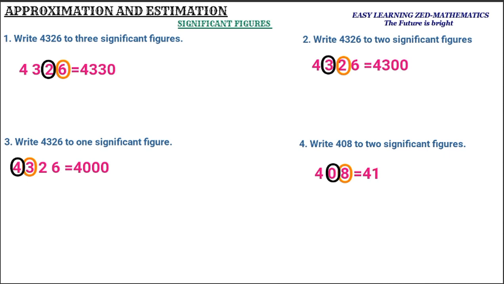The rule is when the number you're removing is 5 or bigger, then we add 1 to the next remaining number. So 0 plus 1 will give us 1, and that will be the one we have written there. Then where there is 8, we'll put 0. Then writing 408 to two significant figures will be 410.